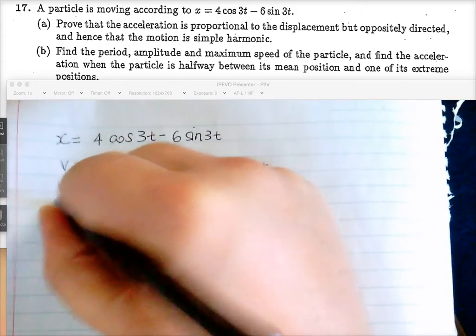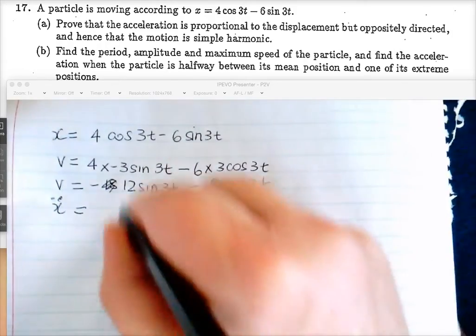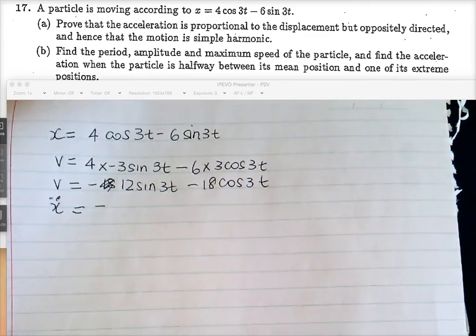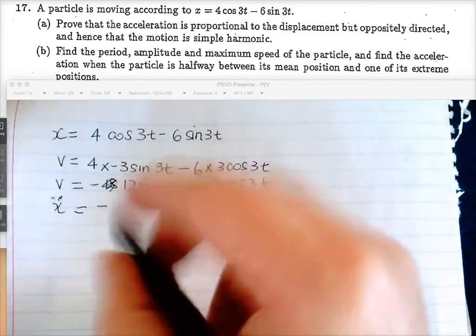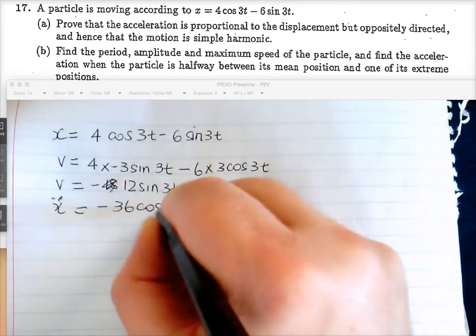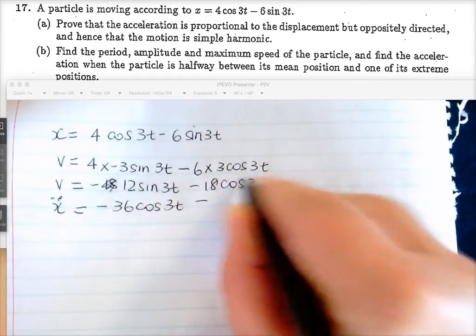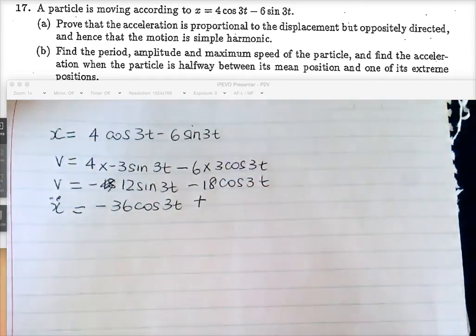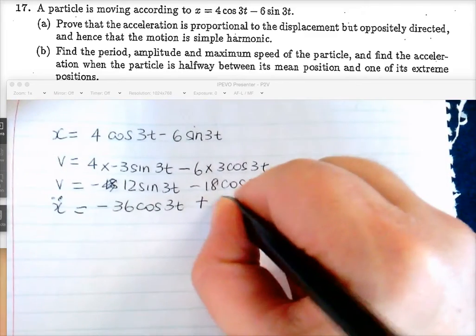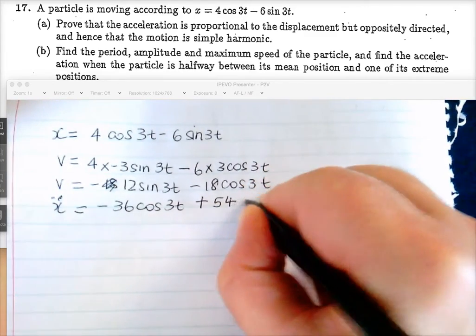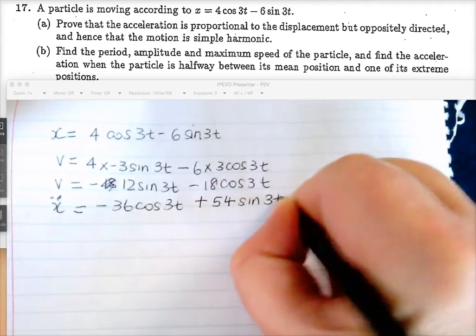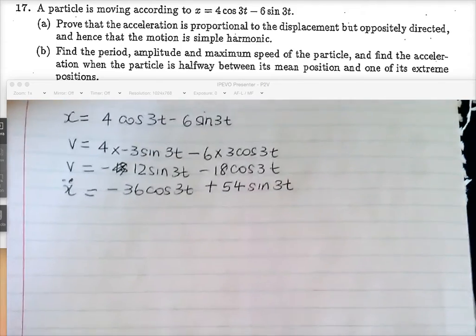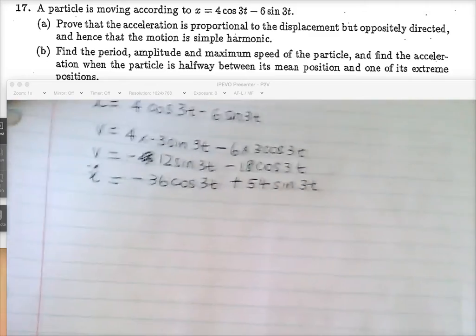And for acceleration, we're using x double dot. The sign won't change now. What do we get? Negative 36 cos 3t. But the sign will change for the cos. Plus 18 times 3, 54 sine 3t. So, girls, I'm sure you can do this.